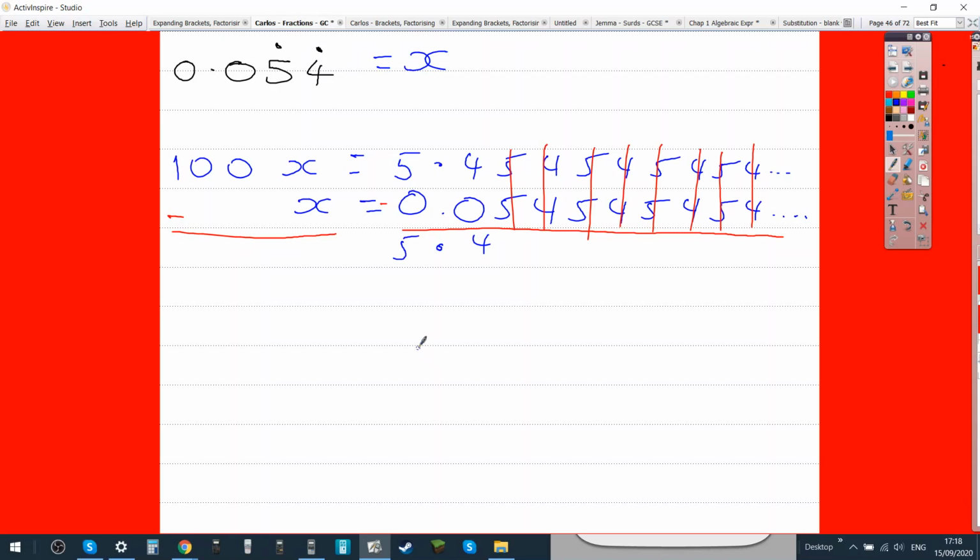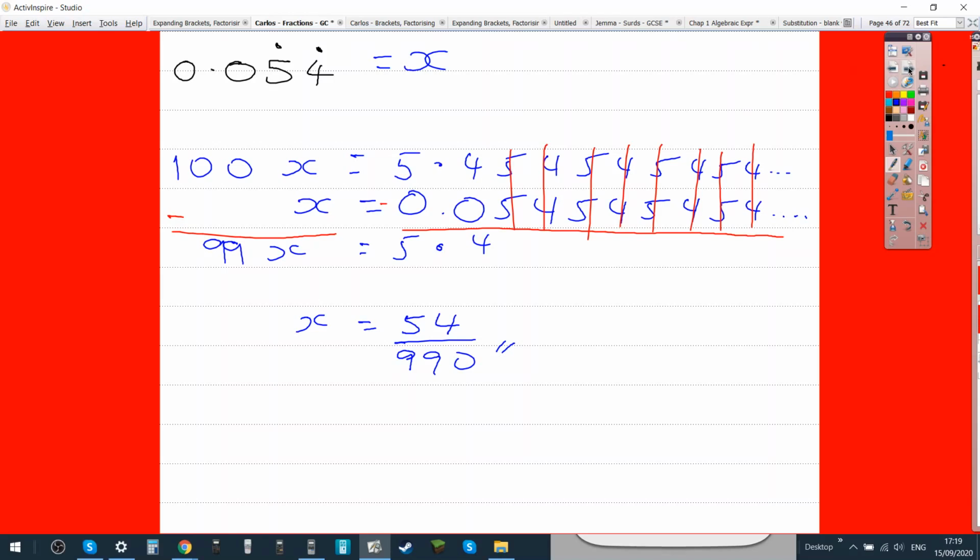Mm-hmm. And it would be 99x for the other ones. So then it will be 54 over 990. That's it. Well done.